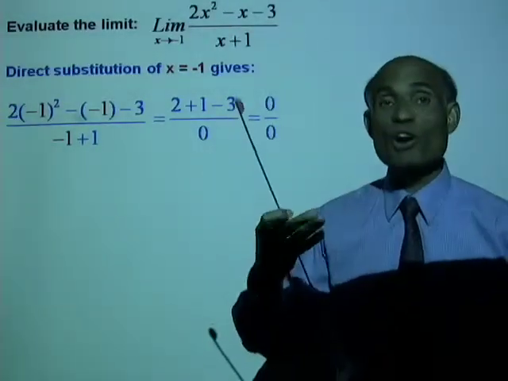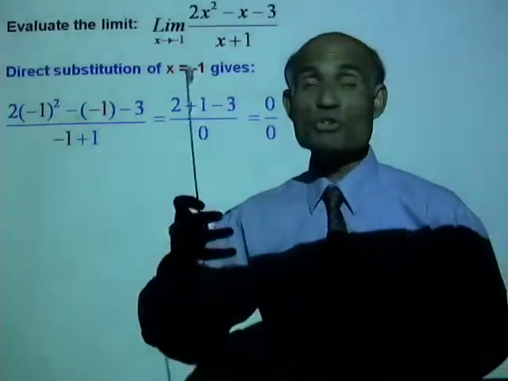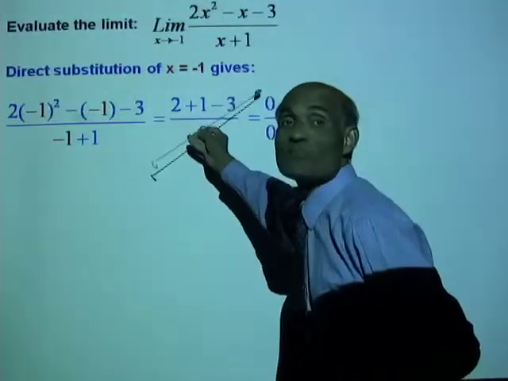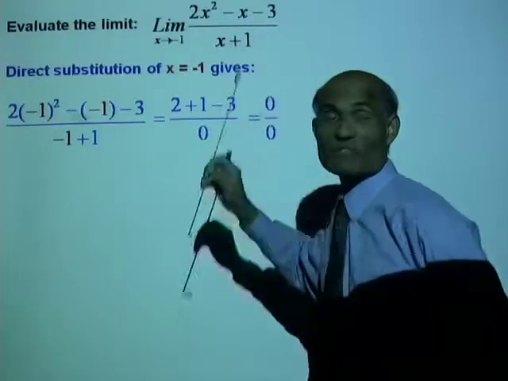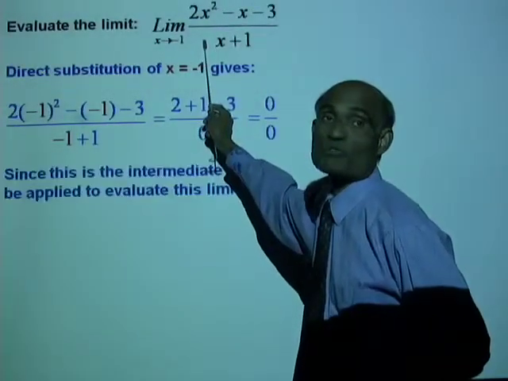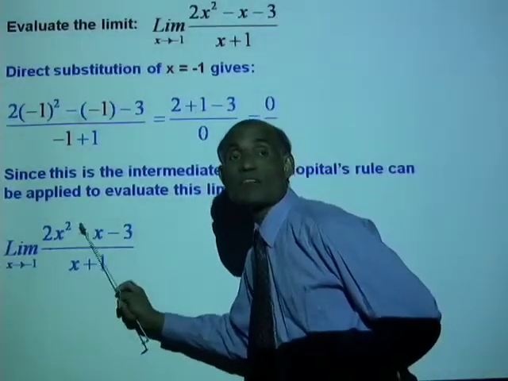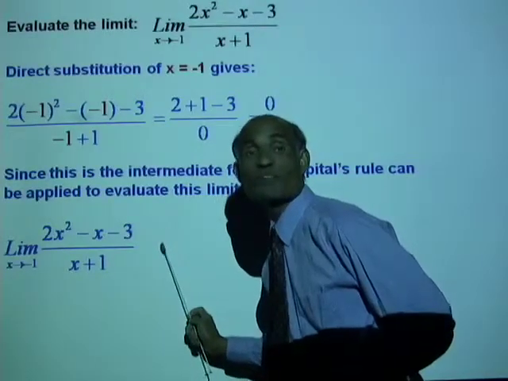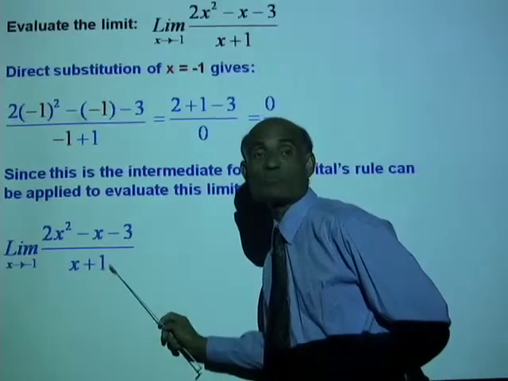Therefore, this is of the intermediate form. Remember, you can use L'Hopital's rule only if the limit yields the intermediate form. Since this is the intermediate form, we can now use L'Hopital's rule. What is that rule? The limit as x approaches c of f of x divided by g of x is the same as the limit as x approaches c of f prime of x divided by g prime of x.